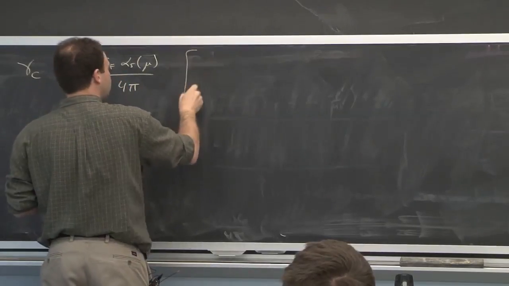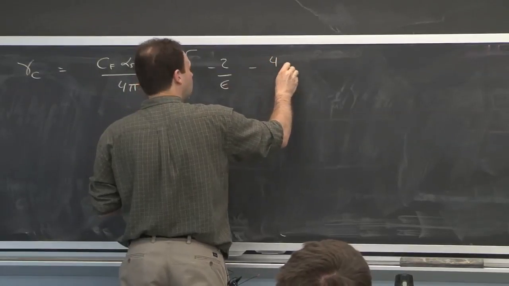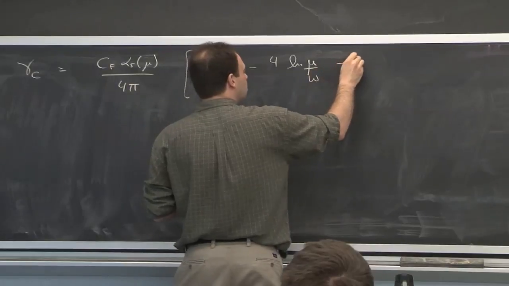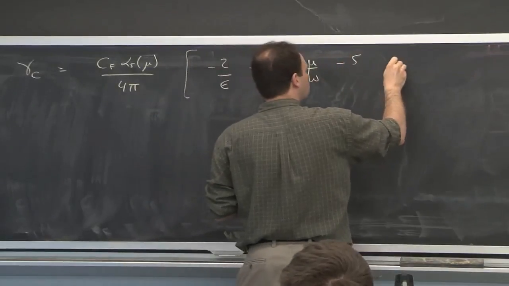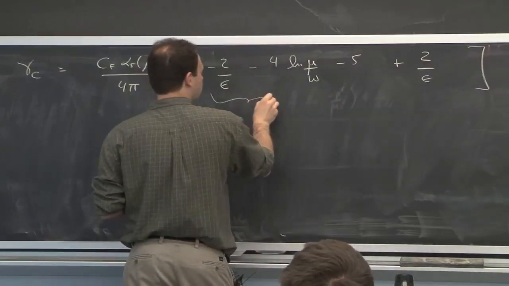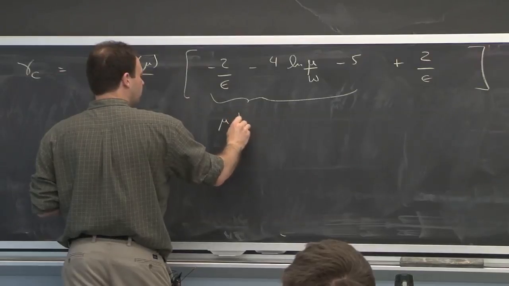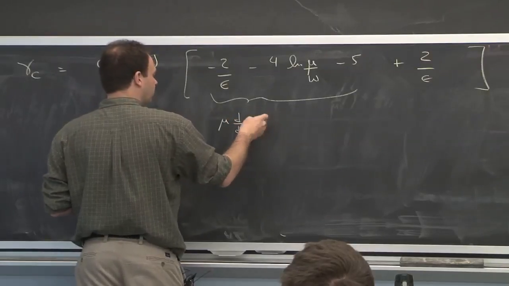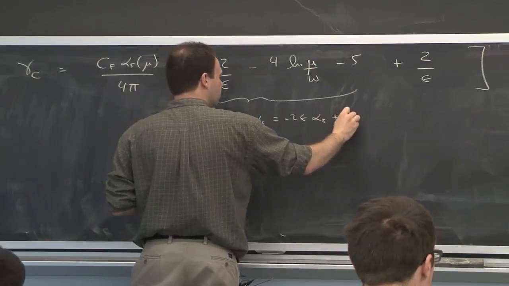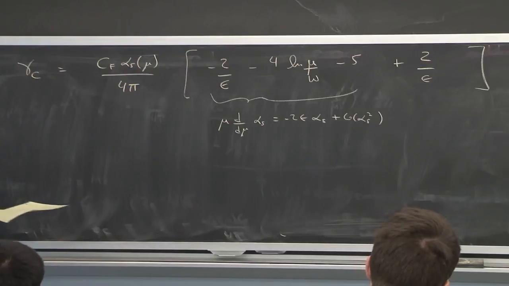These are the type of contributions we get. Where these guys here are coming from using the fact that mu d alpha by d mu, when you're in d dimensions, is minus 2 epsilon alpha plus order alpha squared terms related to the beta function, which we can drop here.